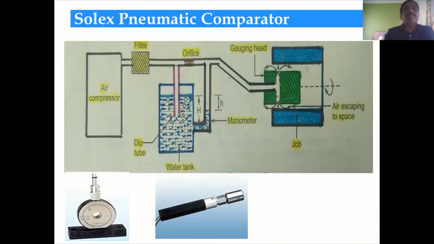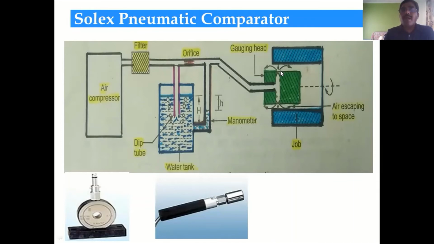But when we send the air through the compressor, we are sending more air than required, because some air will leak out from this dip tube, and then constant air passes through the orifice and comes out through this gauging head.